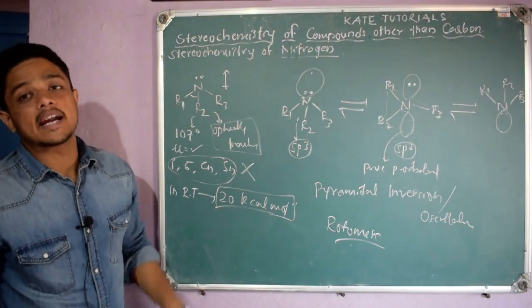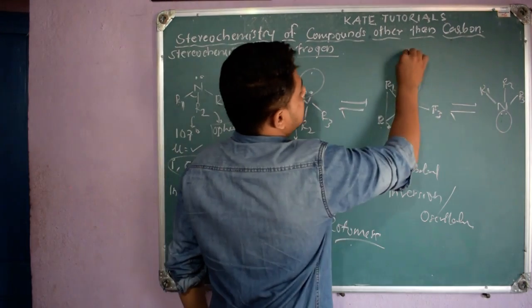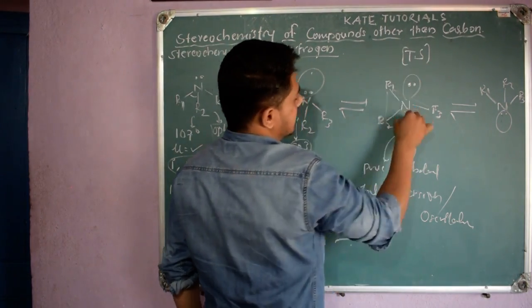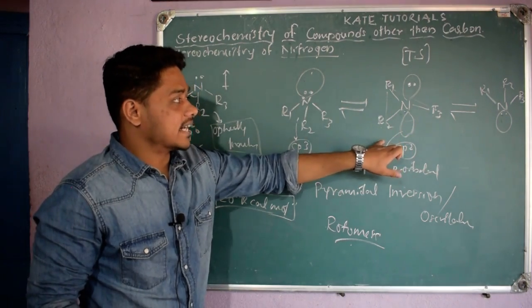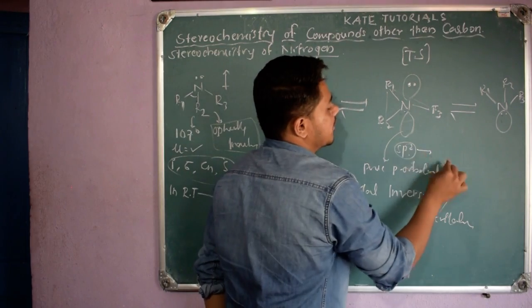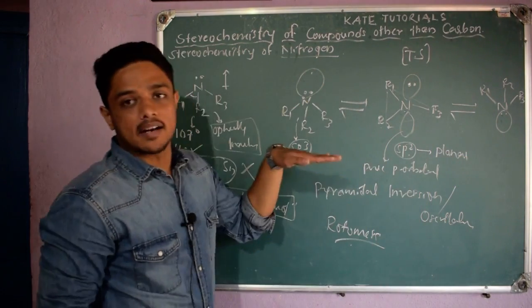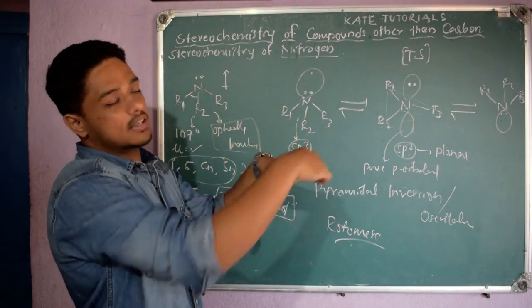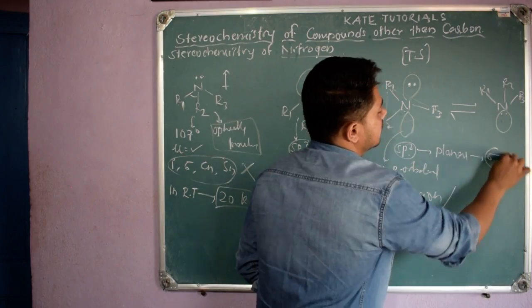So it should be optically active, but it is not optically active because in one of its transition states, this we call the transition state, it will have a planar structure because of sp2 hybridization. Since nitrogen and all R1, R2, R3 are planar, it has a plane of symmetry, right?